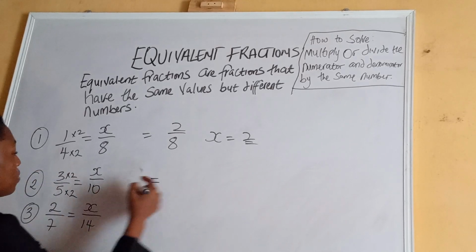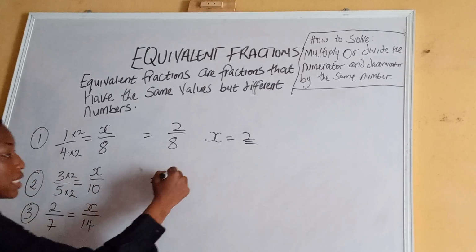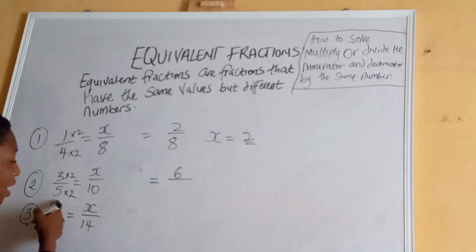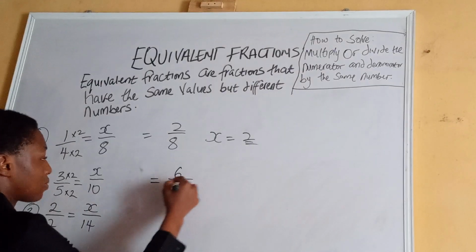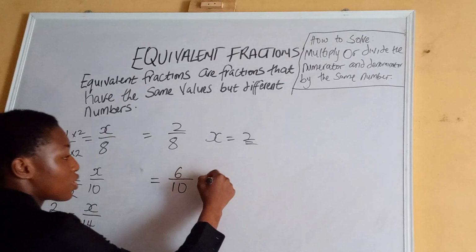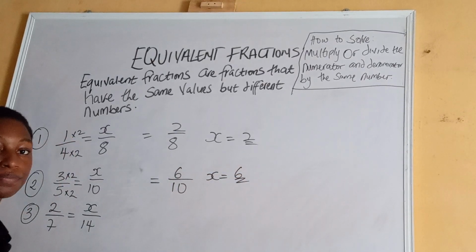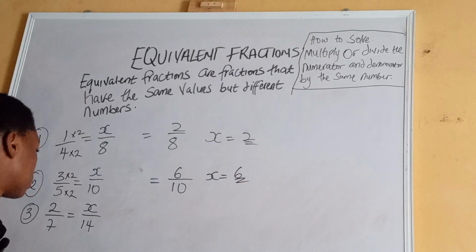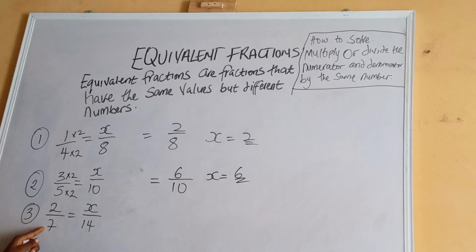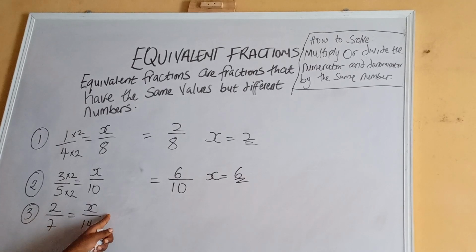So at the end of the day, you have 3 times 2, which is 6, all over 5 times 2, which is 10. So your unknown x will be equal to 6. Just like that. For the last one, we have 2 all over 7 equal to our unknown x all over 14.